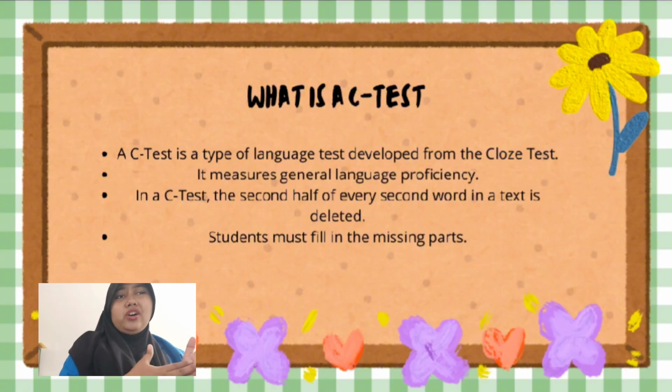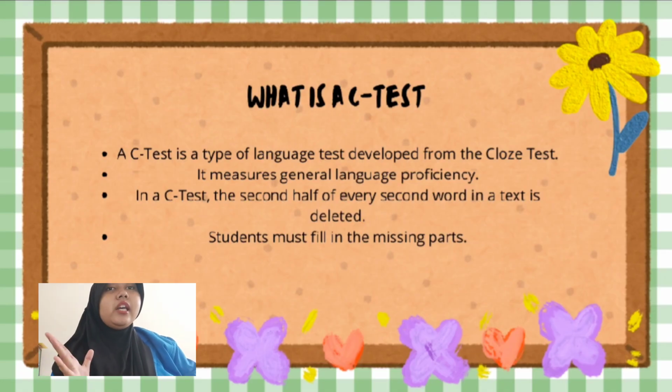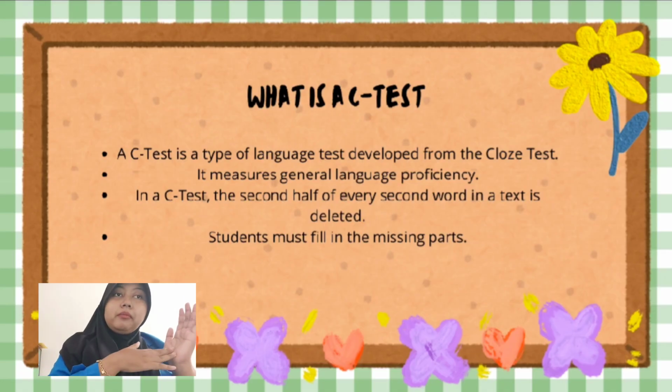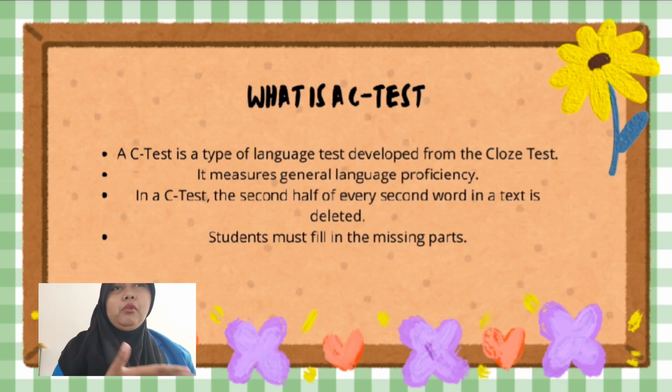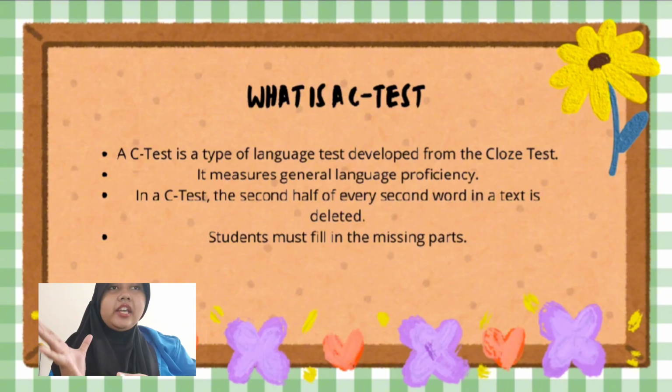To test overall language proficiency, it evaluates general language ability rather than one single skill. To measure grammar, vocabulary, and reading comprehension, because students must complete missing words, the test checks how well they understand grammar and meaning in context.